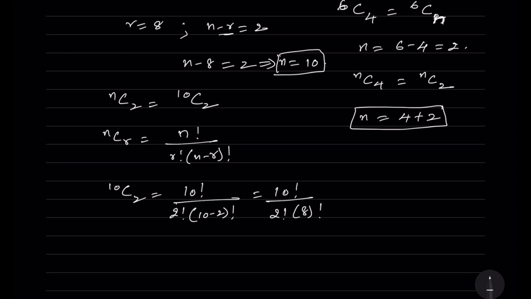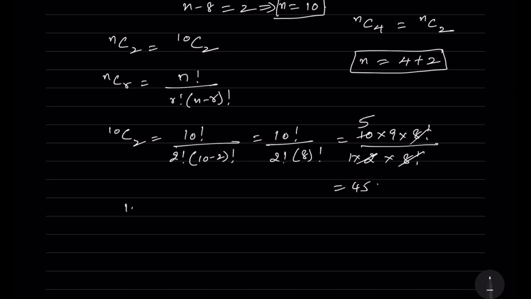We can write this as 10 into 9 into 8 factorial divided by 1 into 2 into 8 factorial. The 8 factorials get cancelled, and 2 into 5 gives 10, so 10 into 9 by 2 gives the answer 45. That means 10C2 is equal to 45.